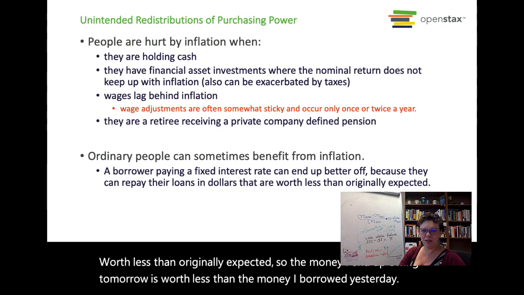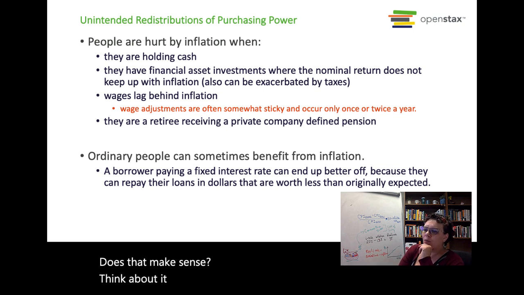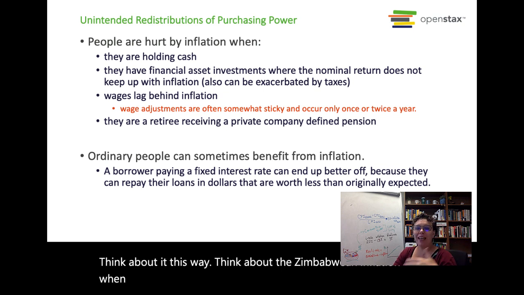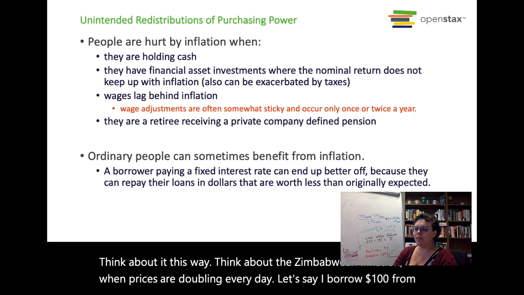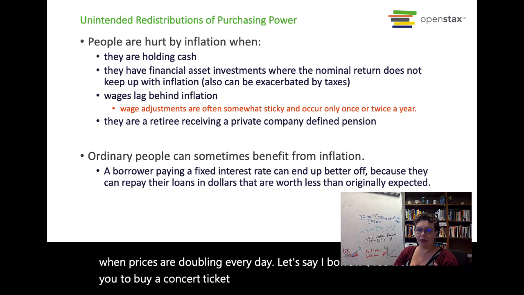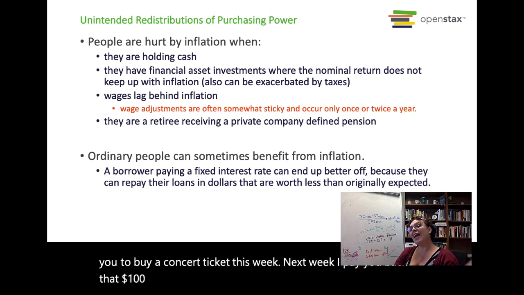Does that make sense? Think about it this way. Think about the Zimbabwean inflation. When prices are doubling every day, let's say I borrow $100 from you to buy a concert ticket this week. Next week, I pay you back that $100, which now can only buy half of a concert ticket.